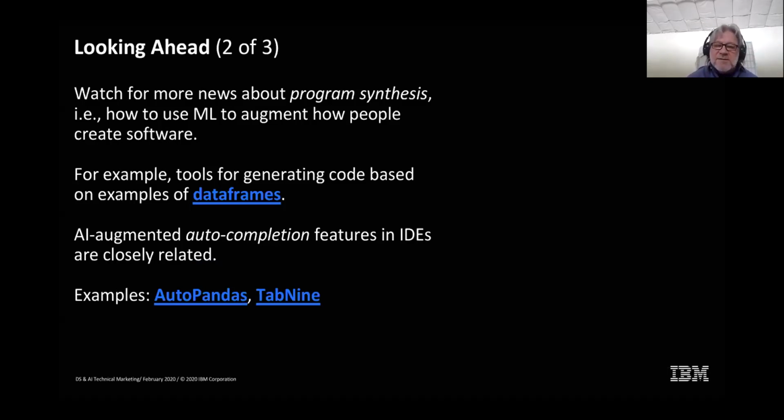Definitely check out AutoPandas. Another one that's really great is AI-augmented autocompletion. If you haven't seen that from Tabnine, it's really fantastic, using deep learning to do really smart autocompletion. And there are other examples of this as well. But this is an area of program synthesis that's not exactly AutoML, but it definitely dovetails.